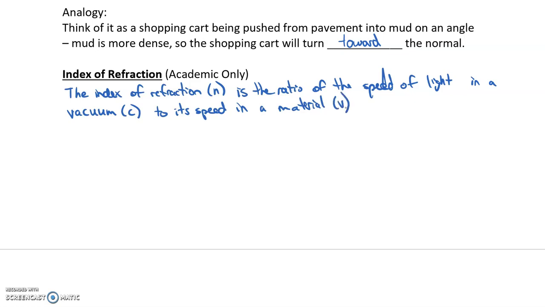So some other material like glass, like plastic, like rubbing alcohol, things like that, and that is going to be labeled as v. n, the ratio, is c divided by v.